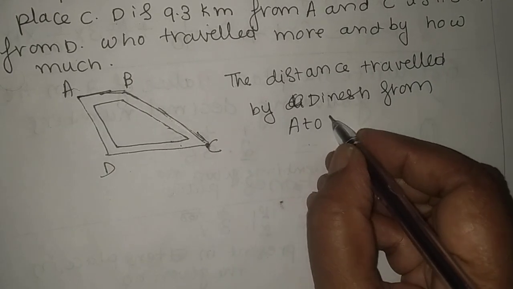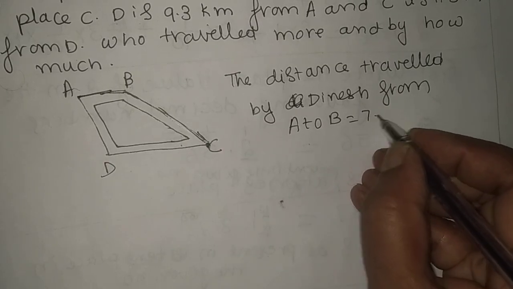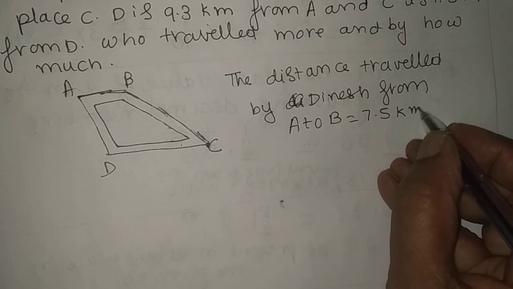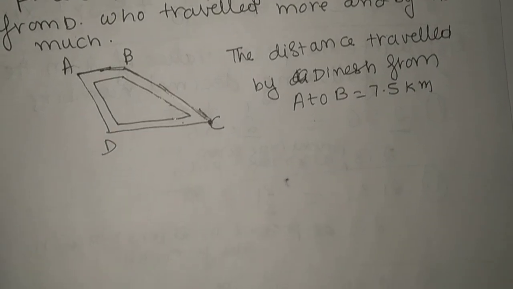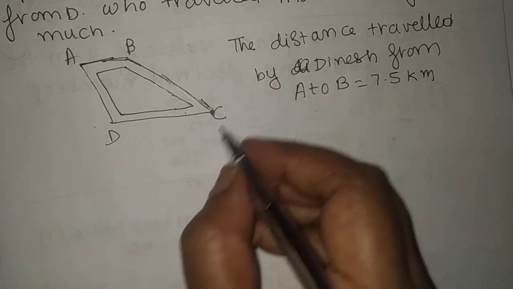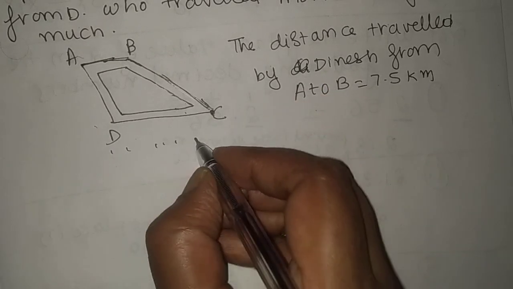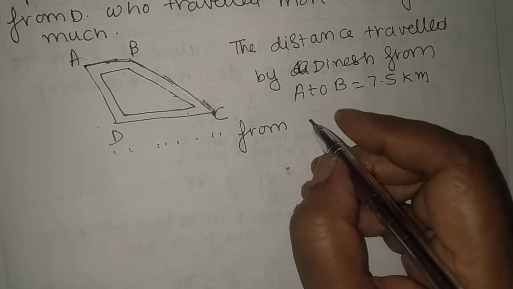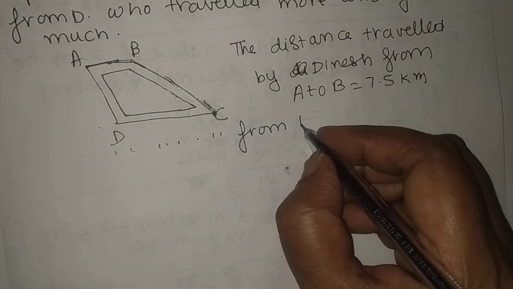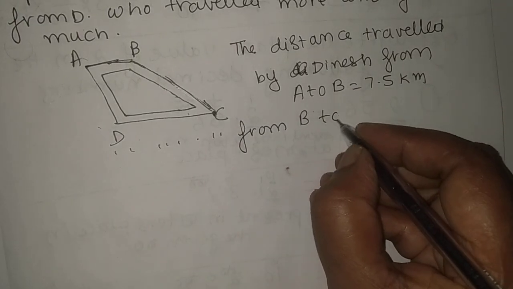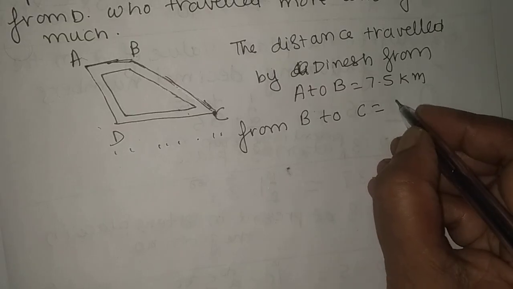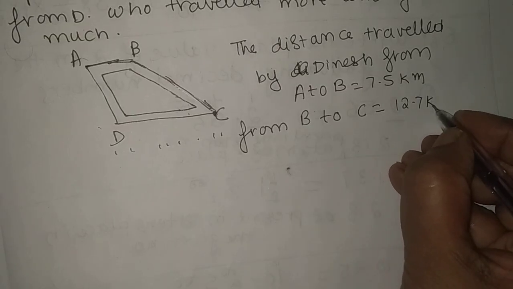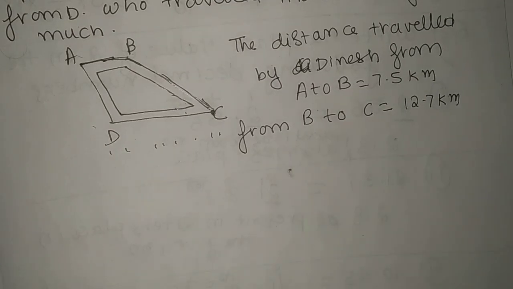A to B is equal to 7.5 kilometers. Same thing, the distance traveled by Dinesh from B to C is equal to how much? 12.7 kilometers.